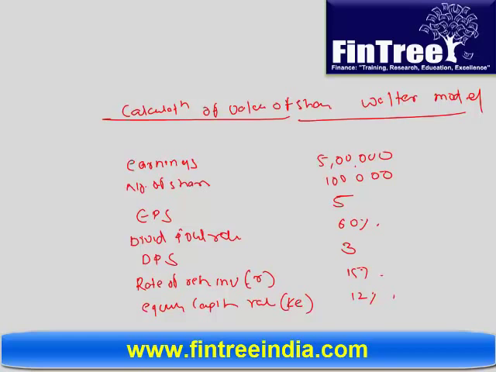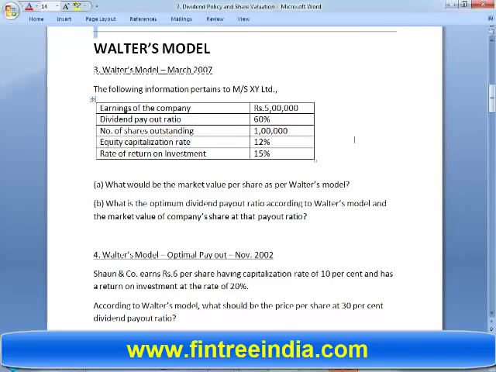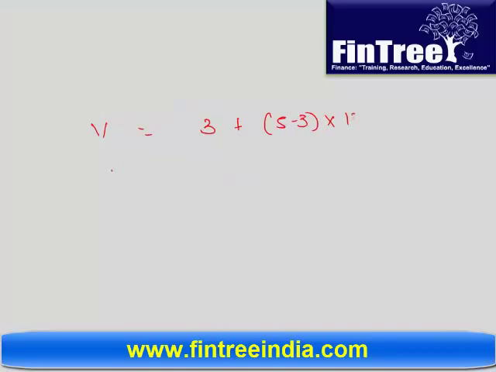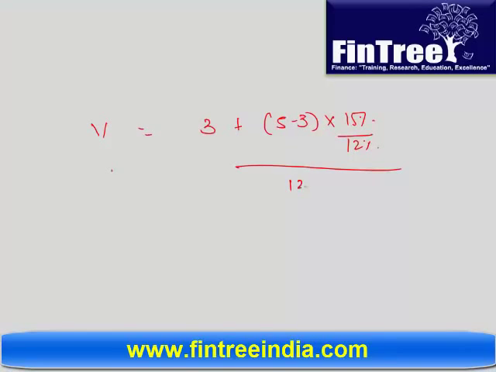Once you've written this, then say value of stock as per Walter's model V is equal to D0, which is 3, plus 5 minus 3 into 15% divided by 12%, the whole number divided by 12% again.